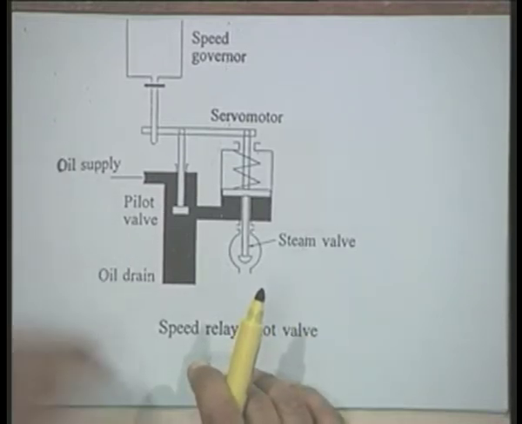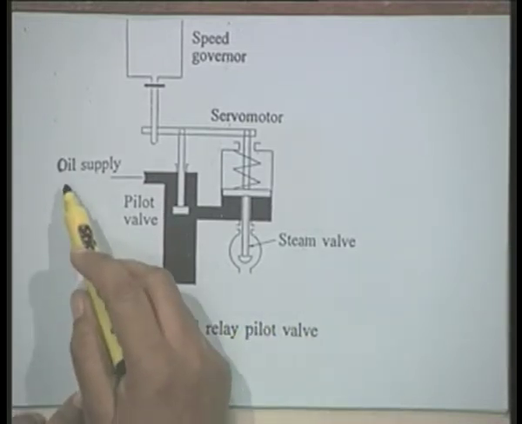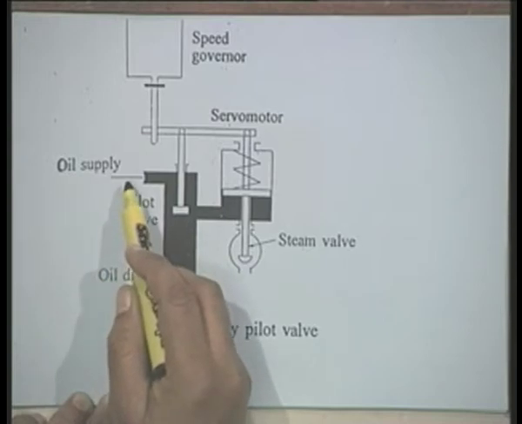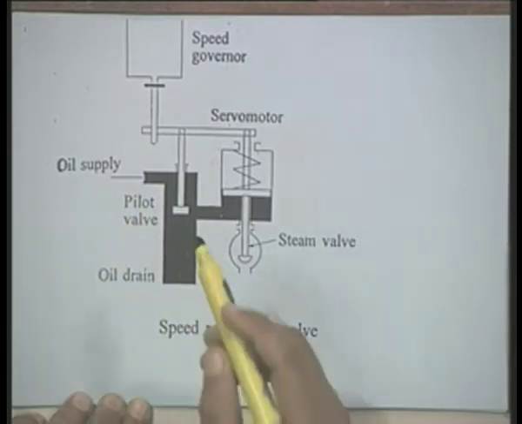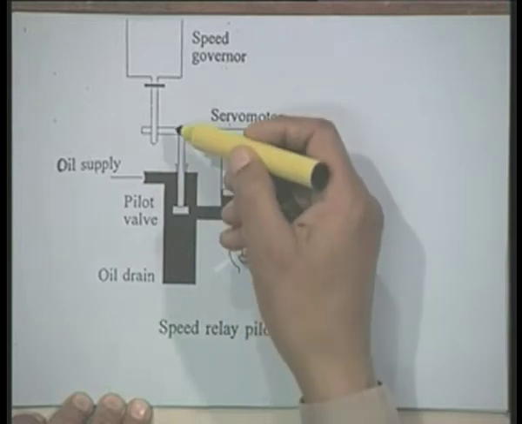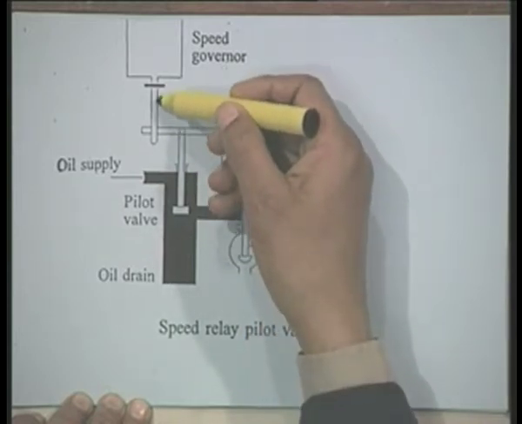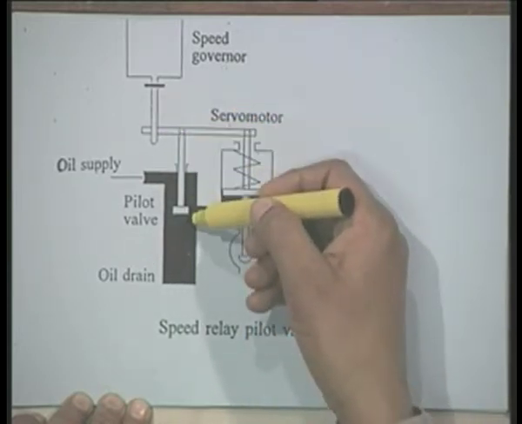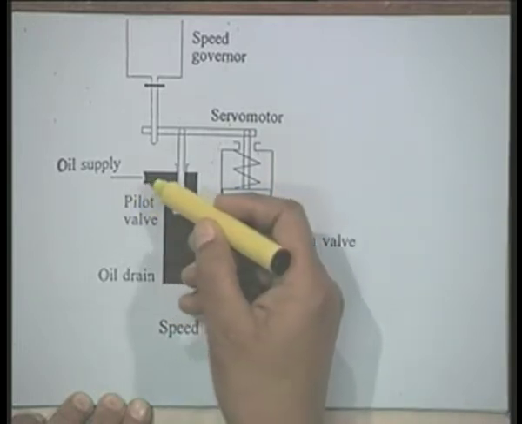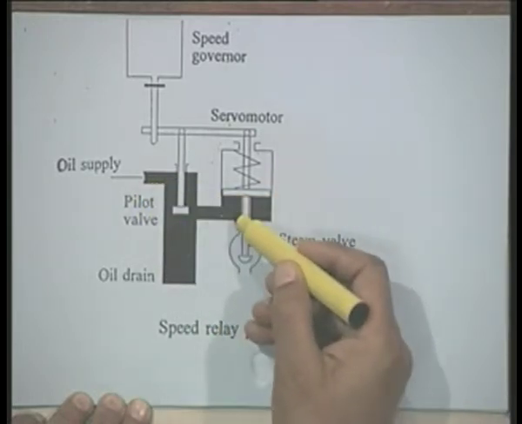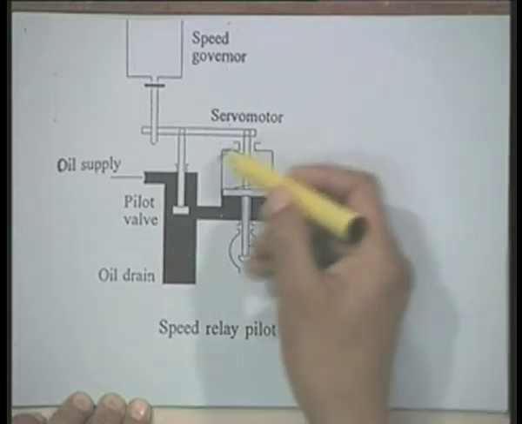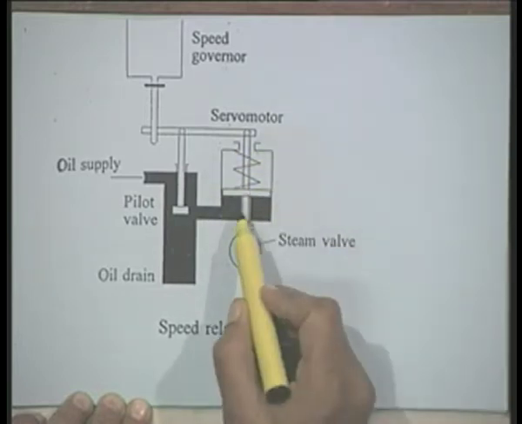Now, the arrangement is very simple here. The high pressure oil is here, it is maintained, right. Suppose the pilot valve is made to move down, okay, then this high pressure oil will move into the servo motor and push the piston up.